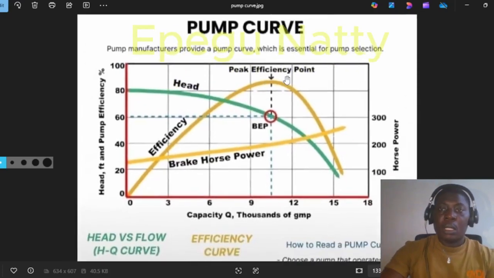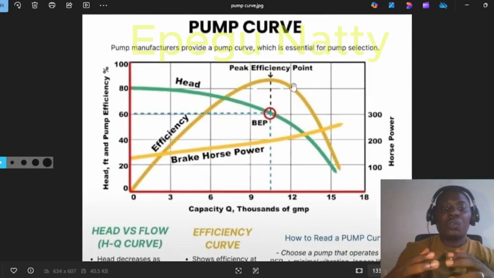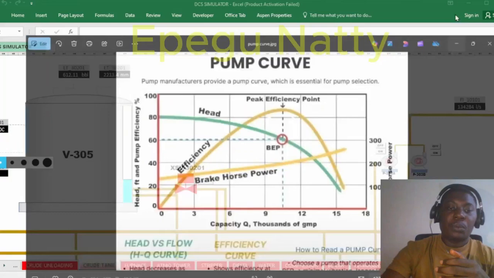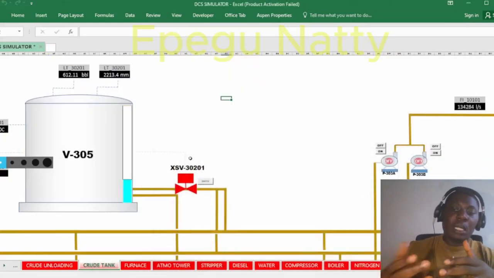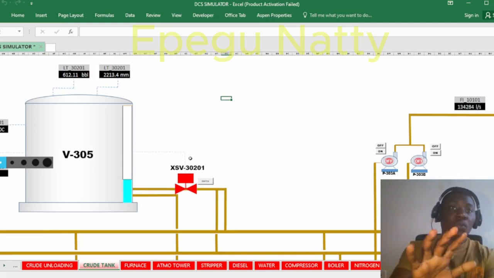In order to understand this, I also need to explain what we mean by the pump head. The pump head is, like we know, when you put on the pump, it is exerting a particular force on the fluid for the fluid to move. Why do we need a pump?